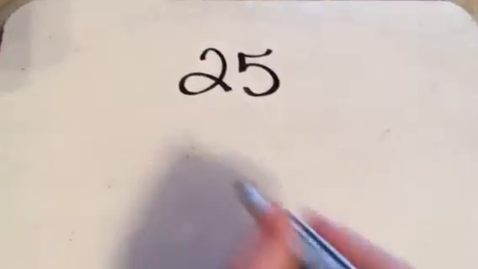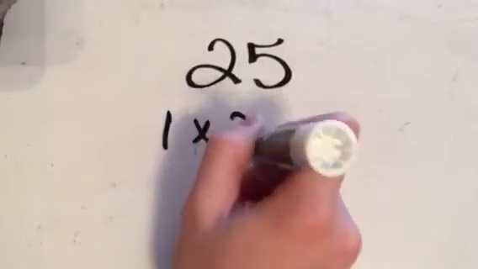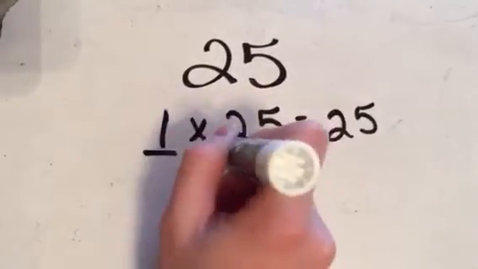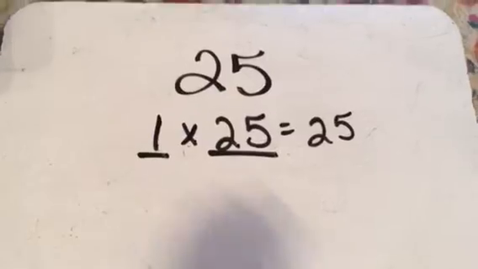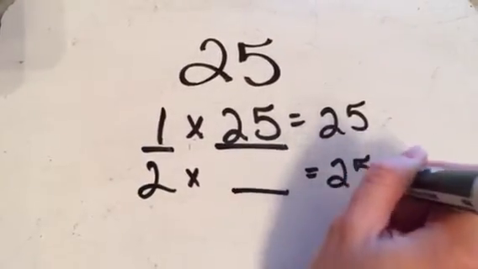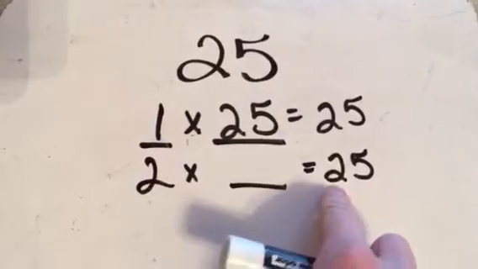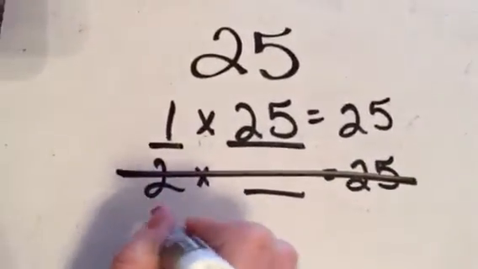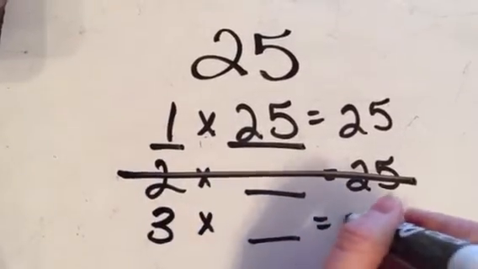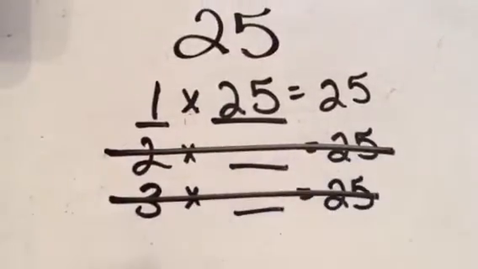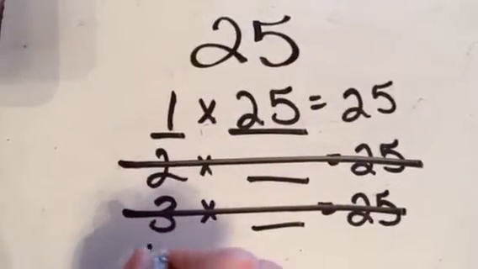So we know right off the bat that we have 1 times 25. So 1 and 25 are factors. How about 2? 2 times something equals 25. First of all, this is an odd number, so we know that 2 is not going to work. 3. Nope, not a factor. How about 4?